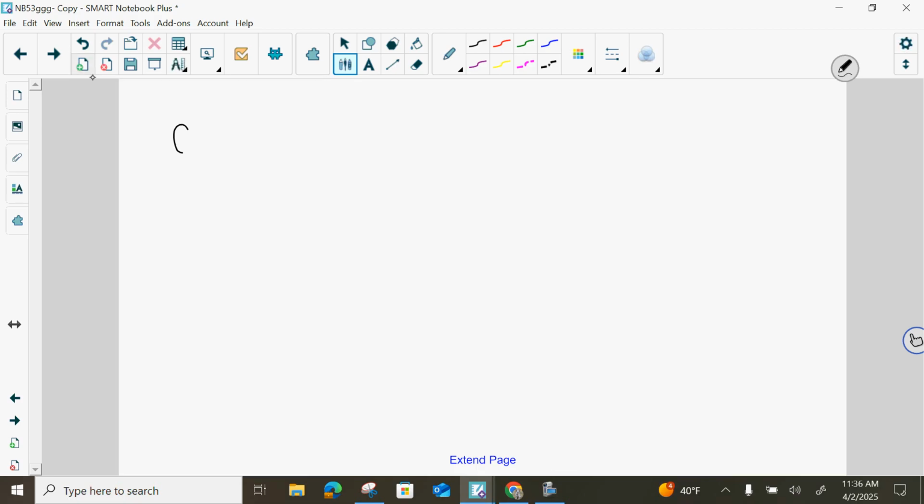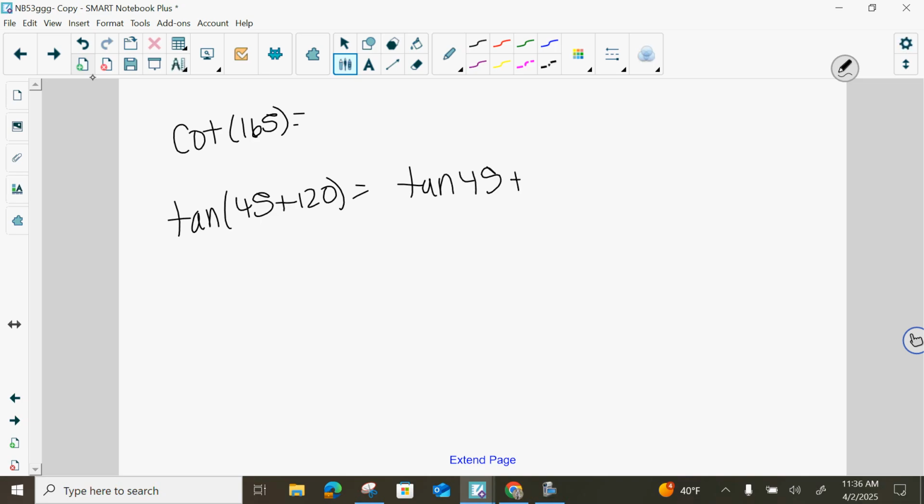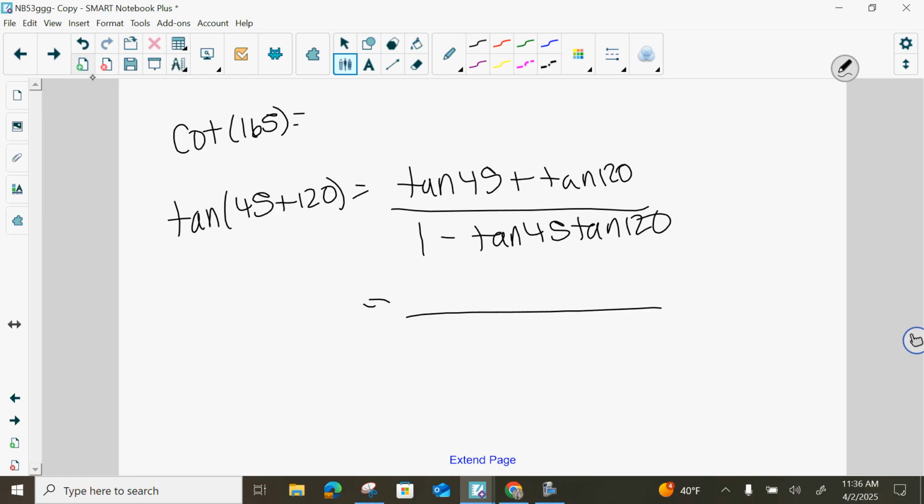Okay, so what did you use? Tan of 45 plus 120. So if you're doing it as a tangent, right, this is what you should have had, which I believe is the one that Lauren did and messed up a sign, right?